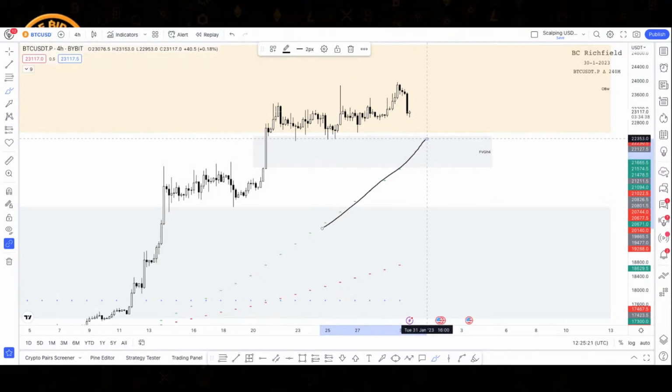Then as this continues to rise, maybe we see something like this. We come into this fair value gap, right? We find support at the daily 20 MA. And then if we get that pattern again from here, it gives us that good opportunity where this would be our position where we'd be looking to take longs.